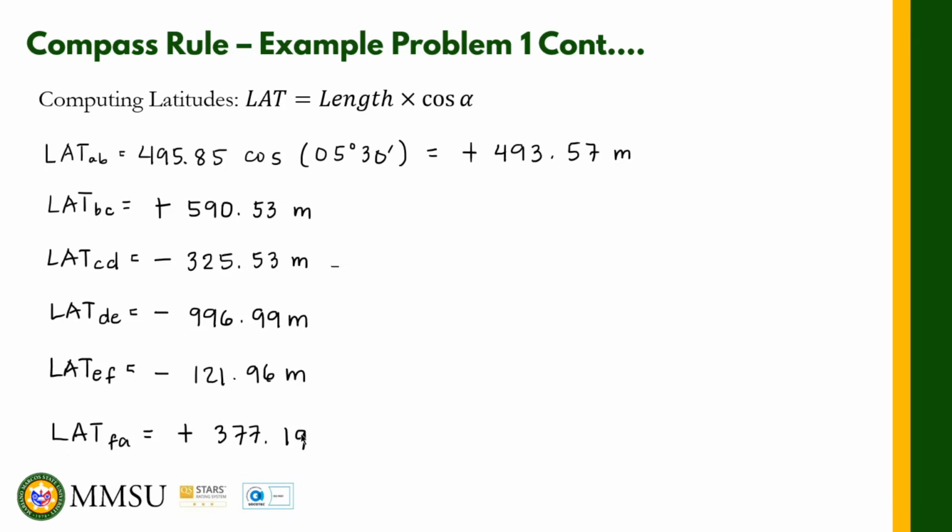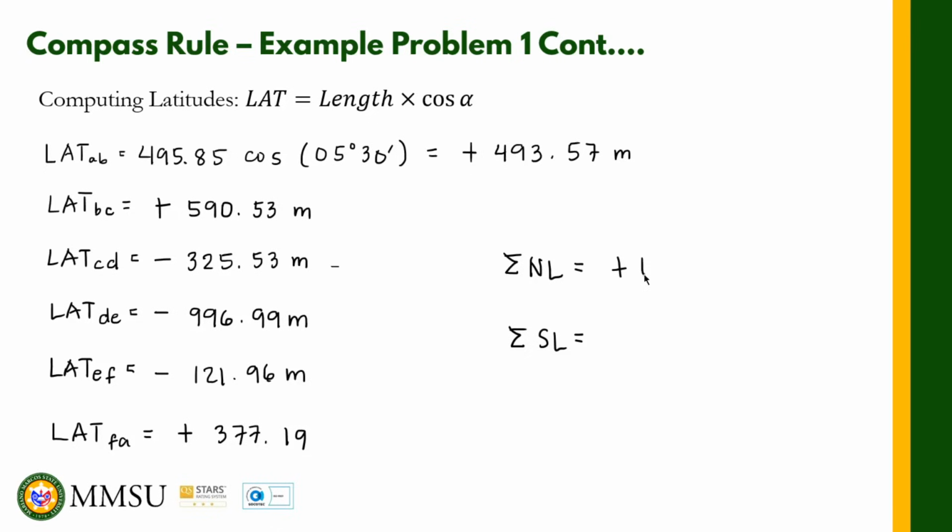All right? And then we need to get the summation of north latitude and the summation of south latitude. The summation of north latitude is just itong mga positive natin. 493.57 meters plus 590.53 meters plus 377.19. So that should be equal to 1,461.29.